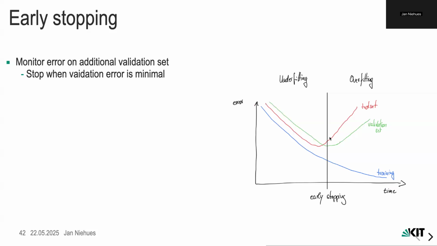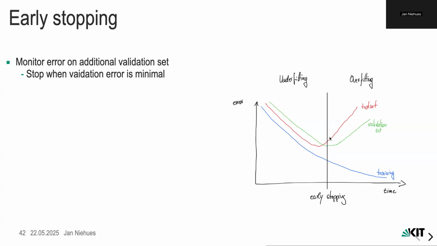So what it mainly means is that from time to time, because you might not do that at each step since it takes time to evaluate all your validation data, at different points you evaluate your current model on the validation data.